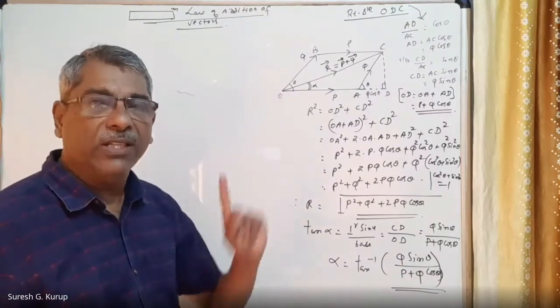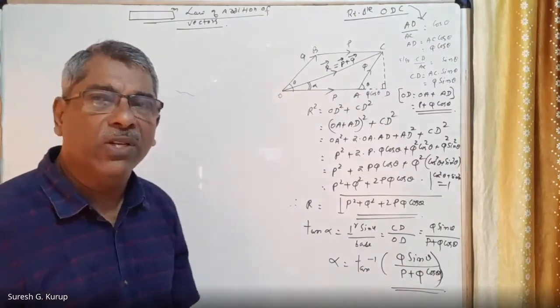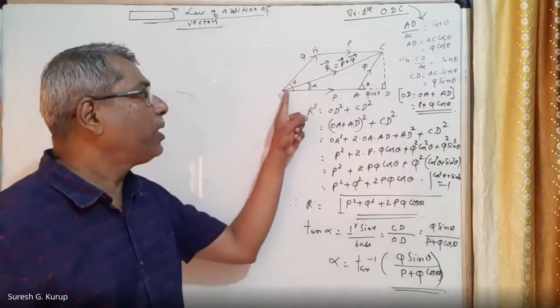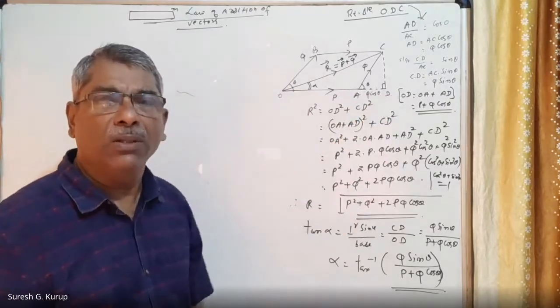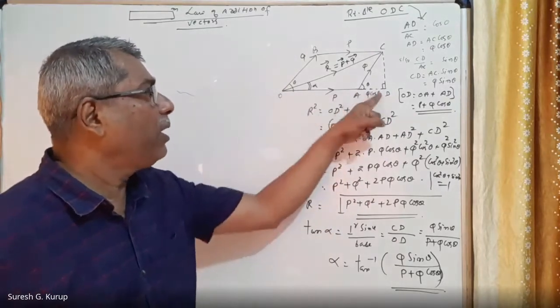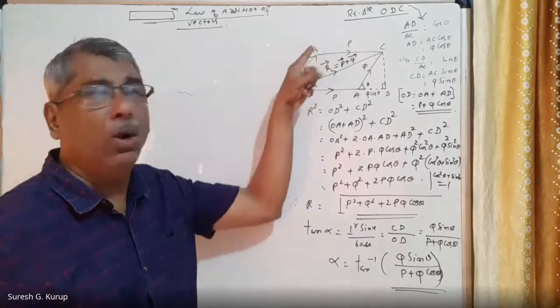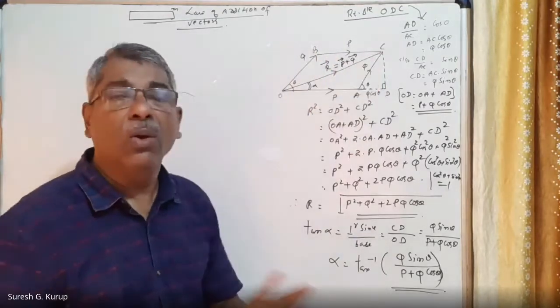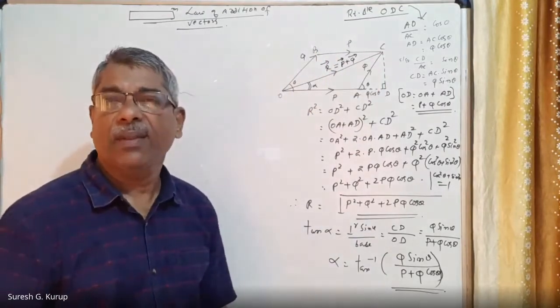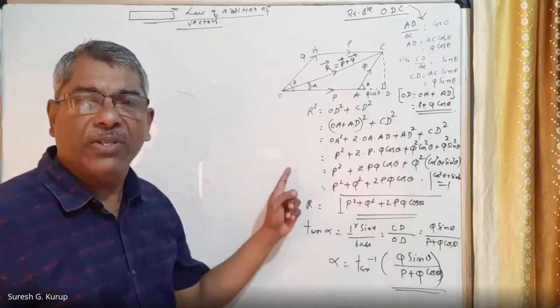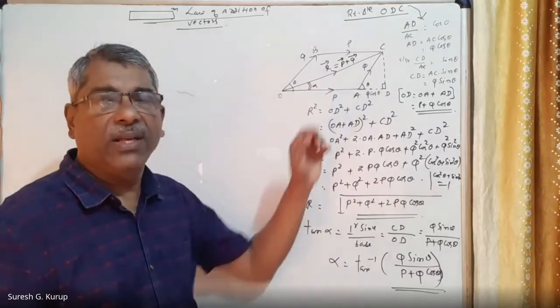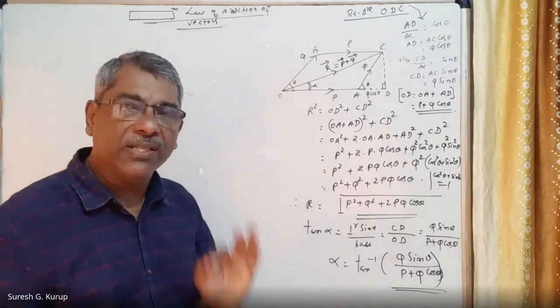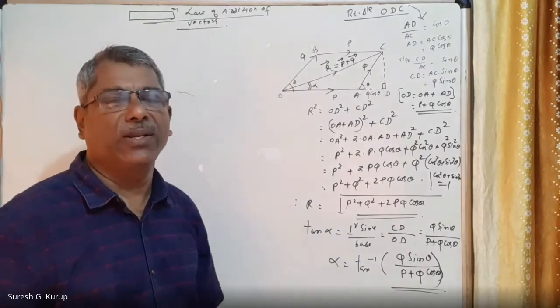Then you will see a very interesting thing: the object can neither move along the direction OA nor along OB, but it will move along OC. The direction in which the object moves is the direction of the resultant force acting on the body.